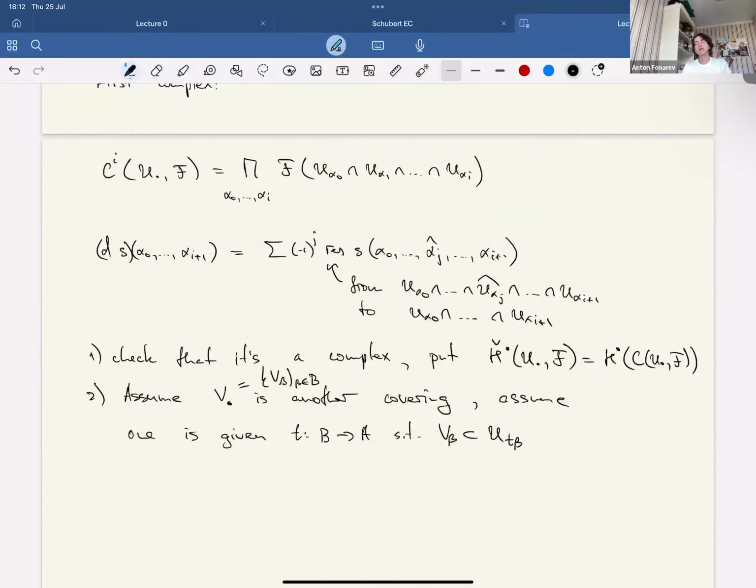In such a case, we say that we have a refinement of one covering by another covering. Construct, in such a case, a morphism of complexes.